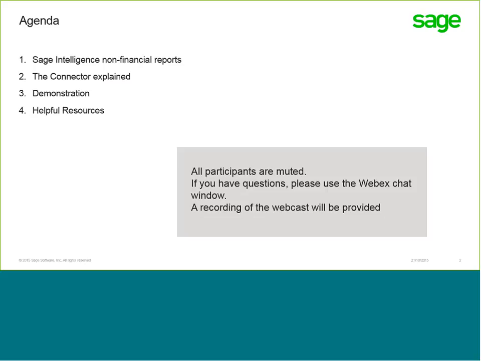And then, for example, I'll be adding containers with the connection to the Sage ERP. I'll also be adding a new connection to another database, and then demonstrating how you can create a report from those containers that were built and those new connections. And at the very end, there's always important information. So there's very helpful resources that I'll be walking through, where you can learn more about Sage Intelligence.